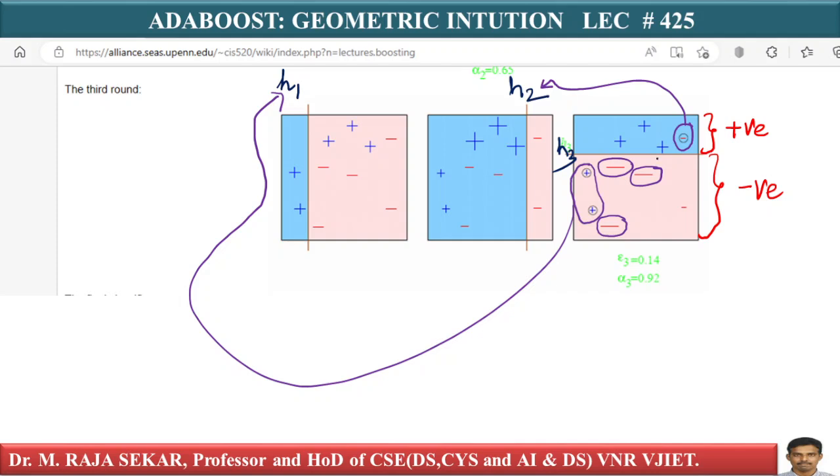And this particular negative point would have been taken care of by H2, isn't it?